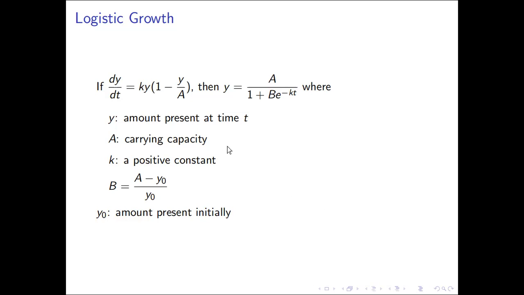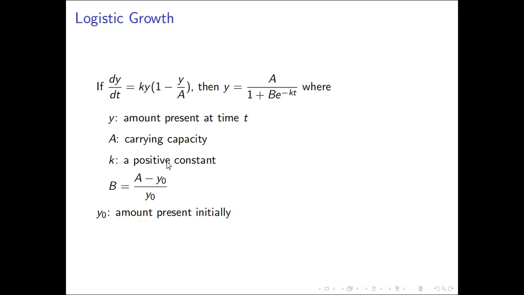It follows the differential equation dy/dt equals ky times the quantity 1 minus y over A, where y is the amount present at time t. Capital A is the carrying capacity.